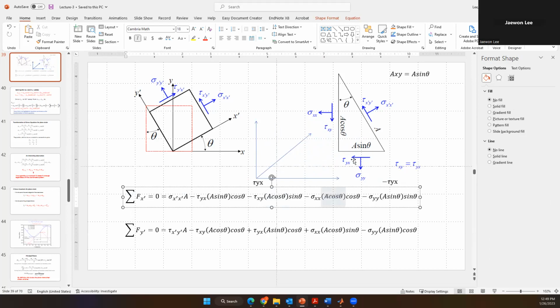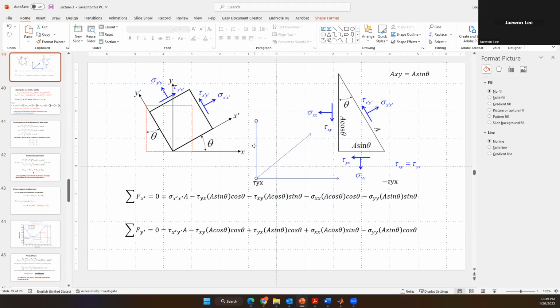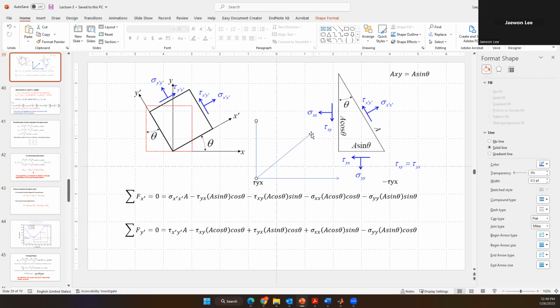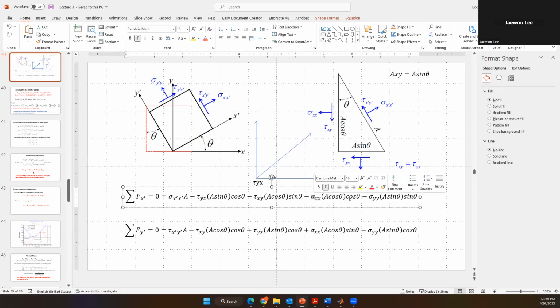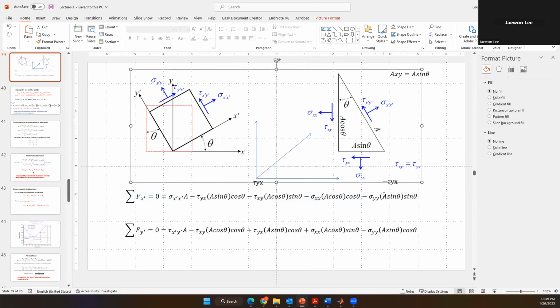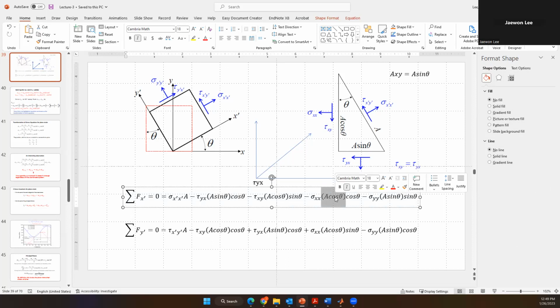Okay. And then sigma xx is this direction. So we can calculate it, sigma xx, and it's very similar to the tau yx calculation. So sigma xx and cosine theta. And this area is related to A cosine theta.